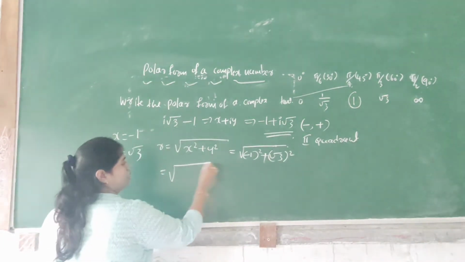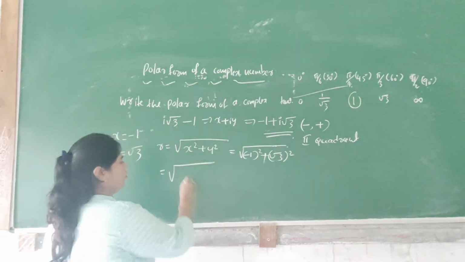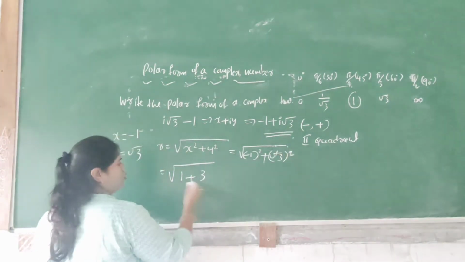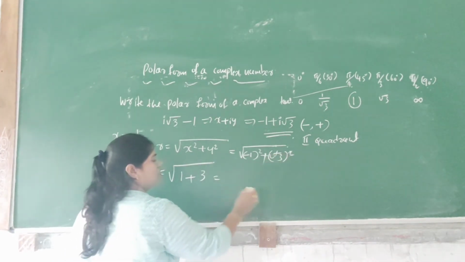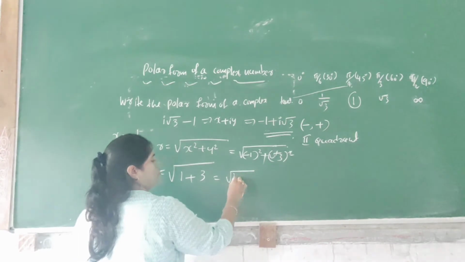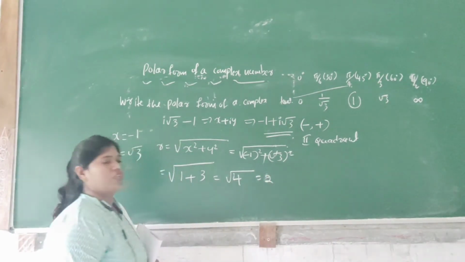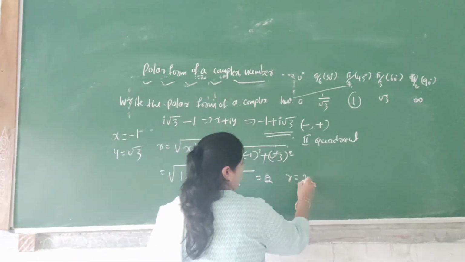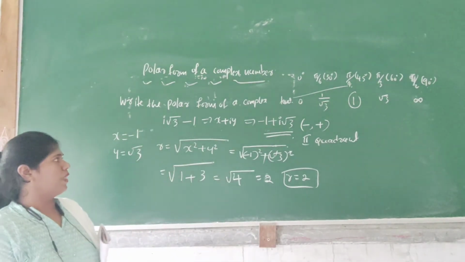Minus 1 whole square is 1 only, no? 1 plus root 3 square, which is 3. So 4, and square root of 4 is 2. Therefore r is equal to 2.